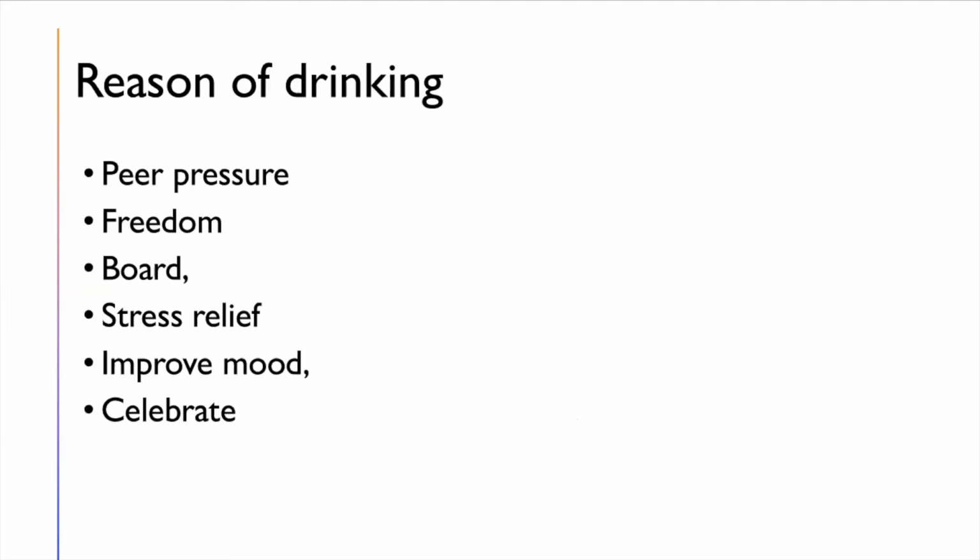There are several reasons for drinking. First, peer pressure. Starting the first year of college is an exciting time, but some students may become anxious at the thought of a new beginning. They meet new friends, and under their pressure, they start drinking. Peer pressure can lead some students to accept the offer to drink alcohol in order to be a part of a group.